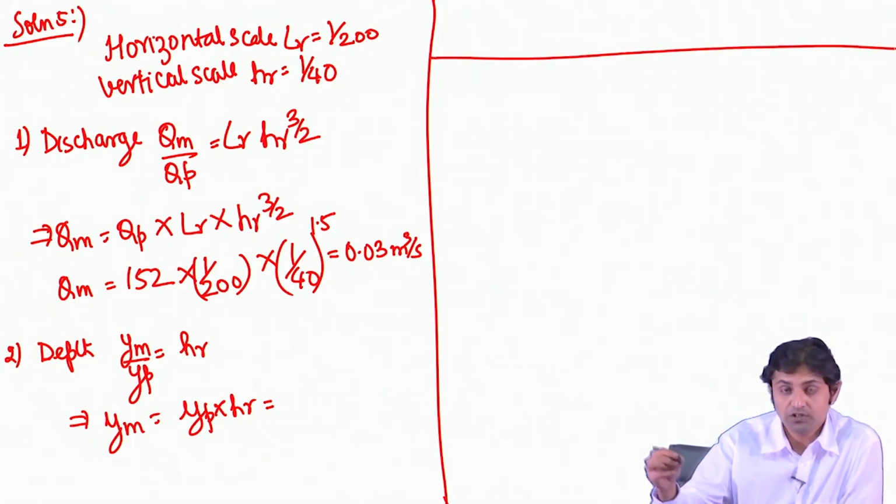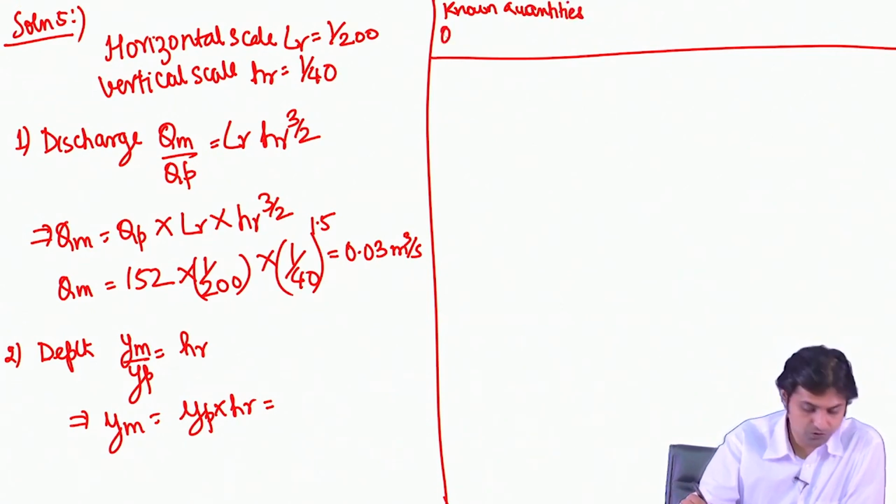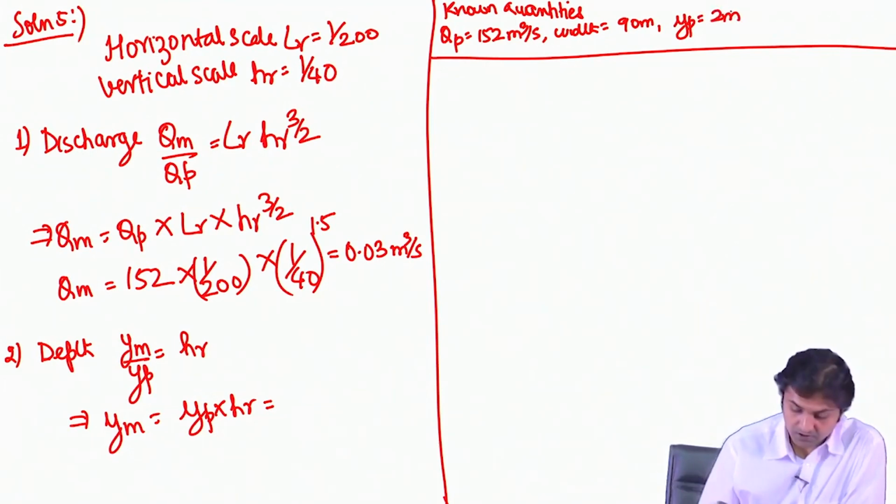Qp was given as 152 meter cube per second, width was given as 90 meter, and Yp was given as 2 meter.